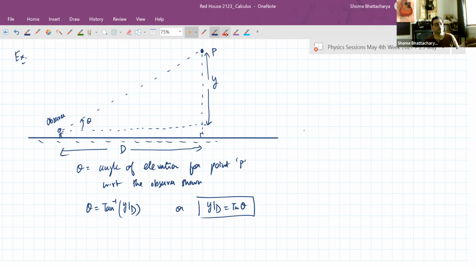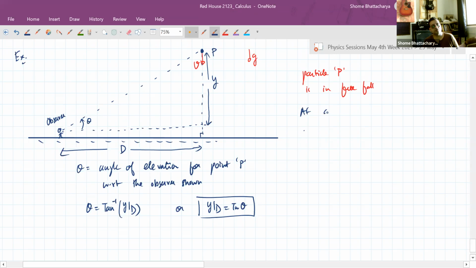Now suppose in this problem what is happening is that this particle is actually moving down. So the particle P is in free fall. So it's moving down along the direction of gravity. So at a certain instant, its instantaneous speed downwards is, let us say, 12 centimeters per second.